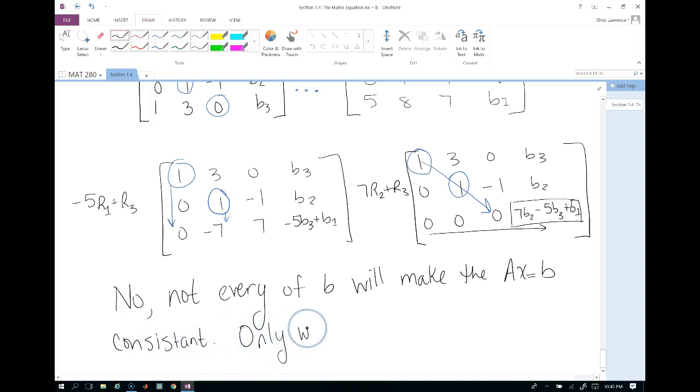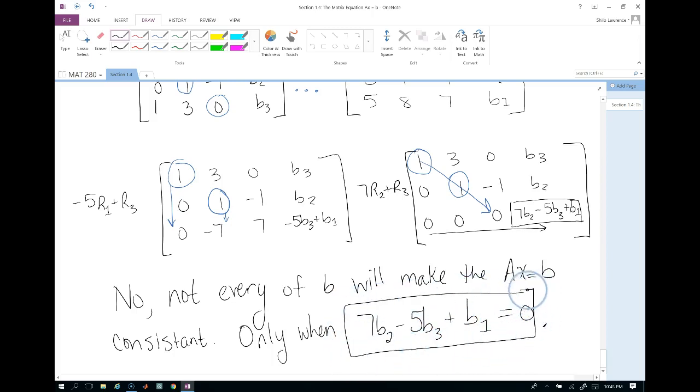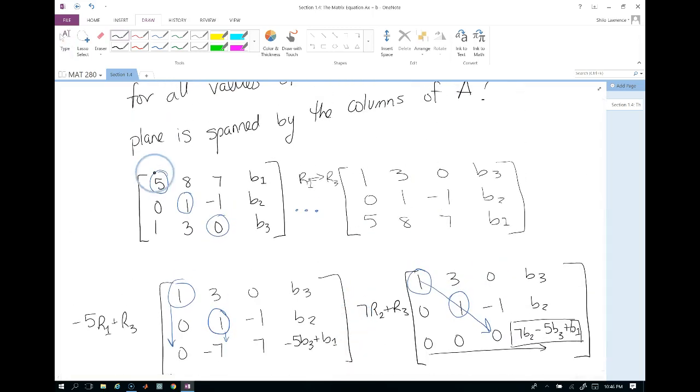Only when 7b2 minus 5b3 plus b1 equals 0. And that is the equation for a plane in three-dimensional space. And we can only create points on that plane using these column vectors in A.